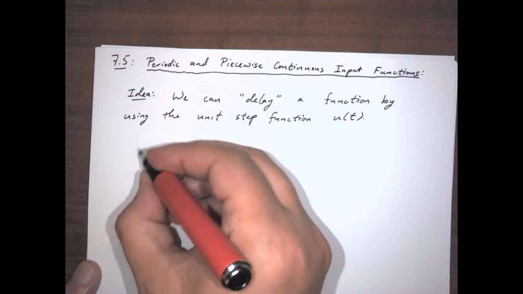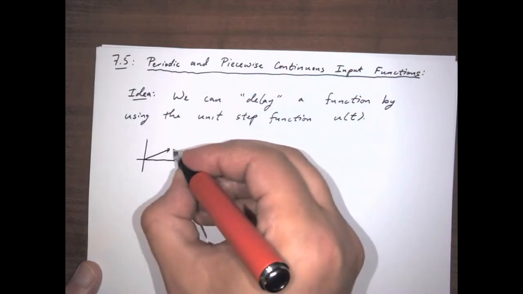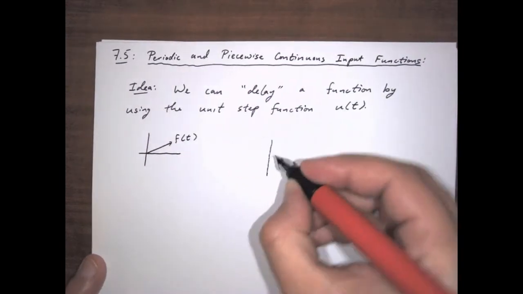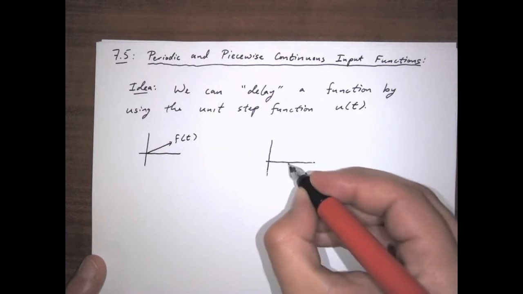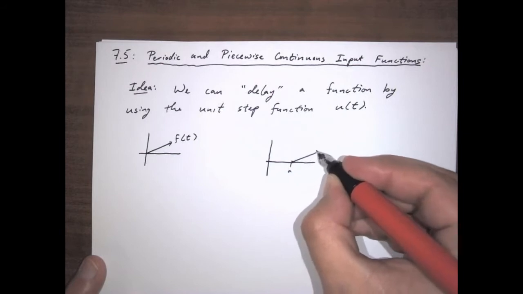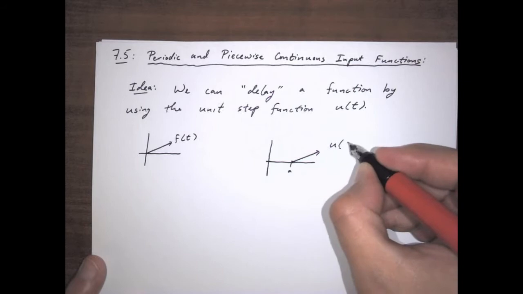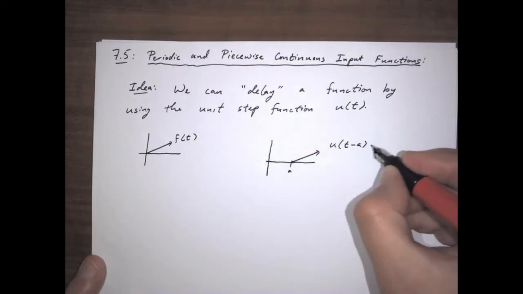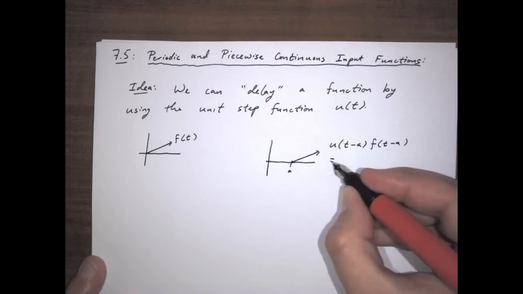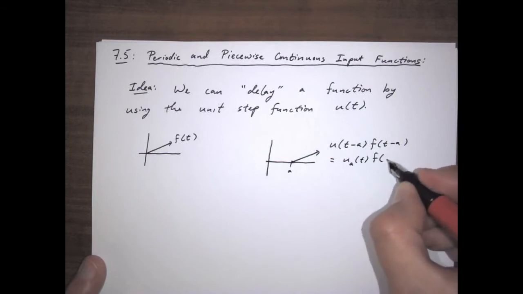So if we have a function, let's say f of t is just going up like this, and we want the whole thing to be delayed until a t value of a, but then to just go about its business as usual, what this would be is u of t minus a times f of t minus a. Or in other words, u sub a of t times f of t minus a.